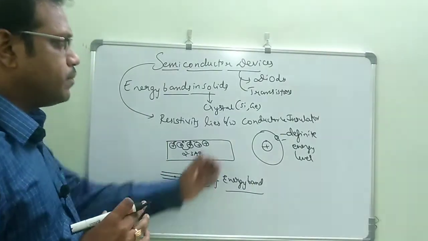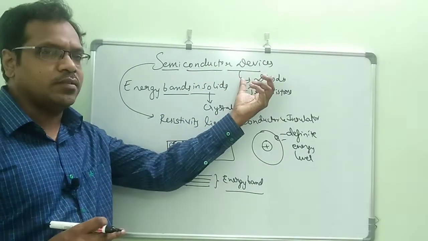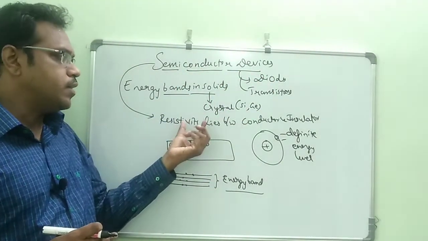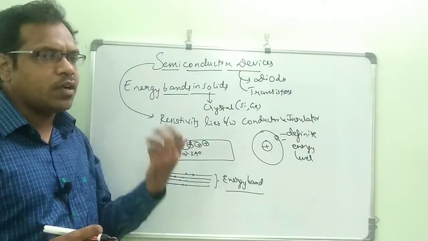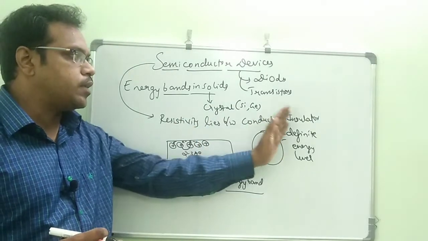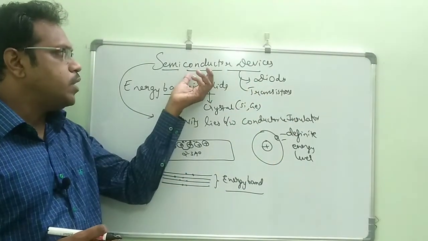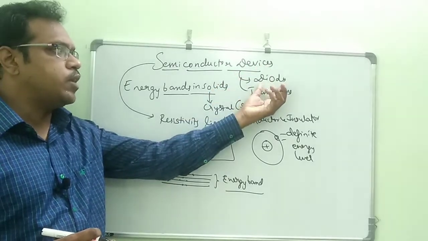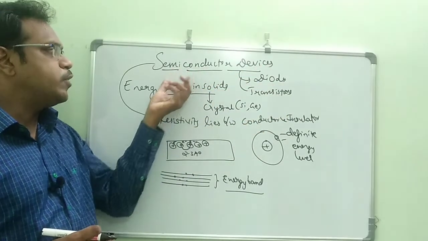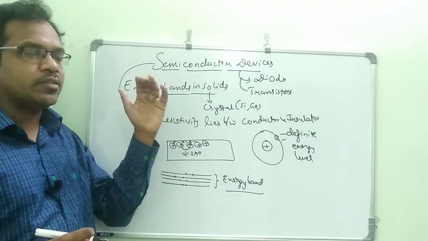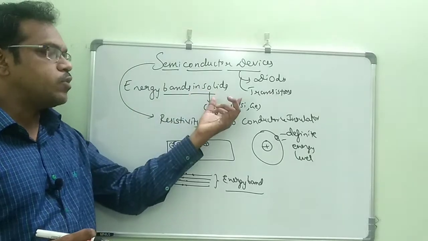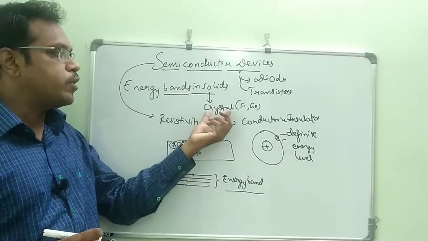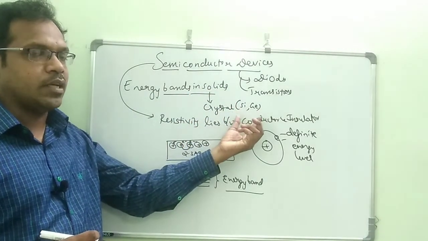So what did we start here? Semiconductor devices. In this, what is a semiconductor? The resistivity or conductivity lies between conductor and insulator. In semiconductor devices, we have to study diodes and transistors, and the basic concept of this introduction is energy bands in solids. Solids are taken in the form of a crystal, silicon and germanium.